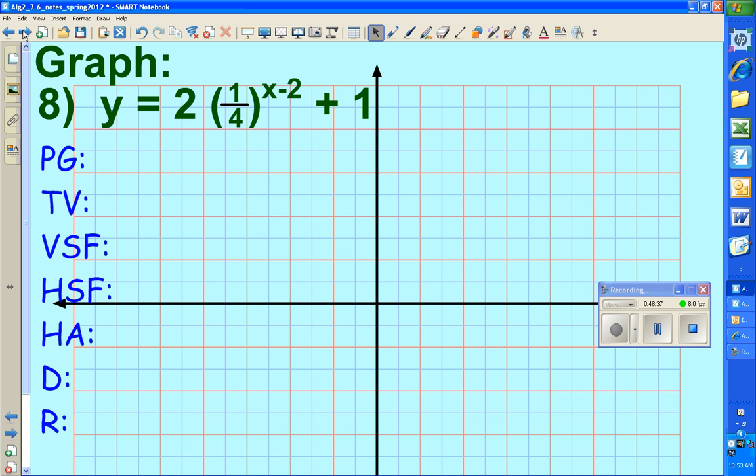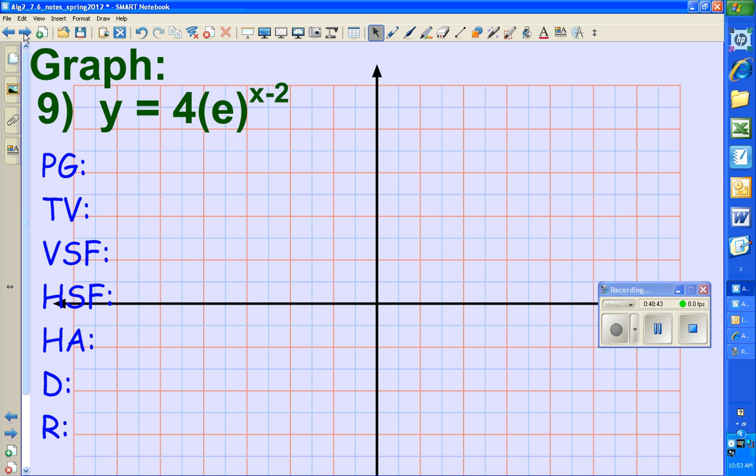This one, because of the 1/4, is actually going to be a landing, but that's only because of the 1/4. What kind of a function is this? One word. Exponential. The variable's in the power. It's exponential. This is a takeoff. Okay?